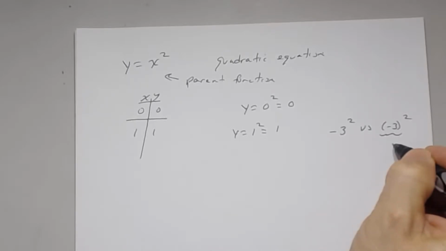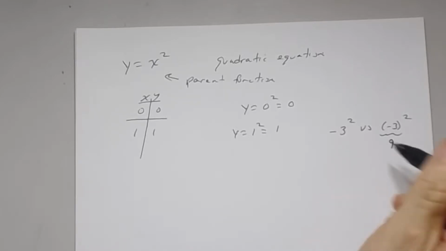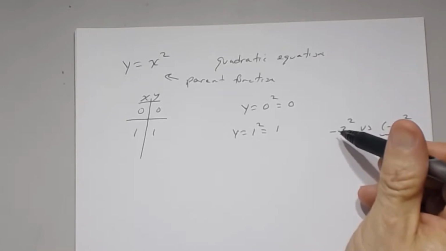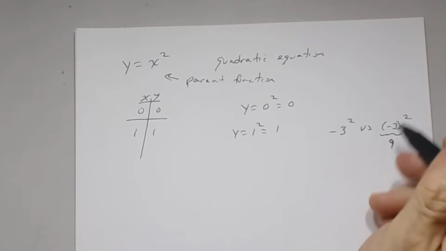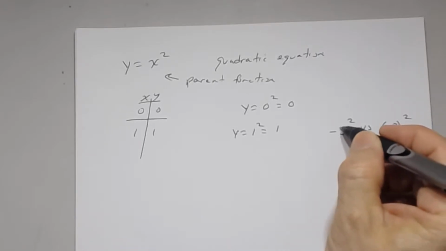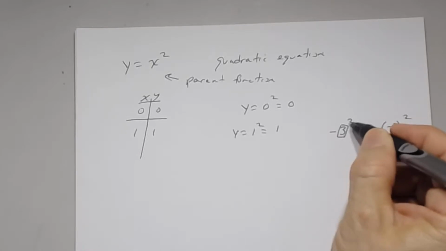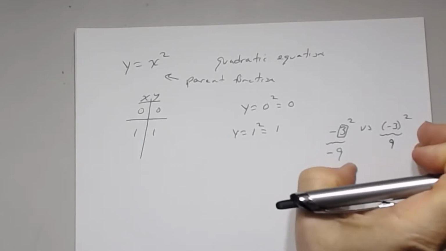Negative 3 times negative 3 is positive 9. Over here, if there's no parentheses, what is the base understood to be? 3 only. So this 3 is being squared. What's 3 squared? 9. So this becomes a negative 9. So there's a difference between the two.